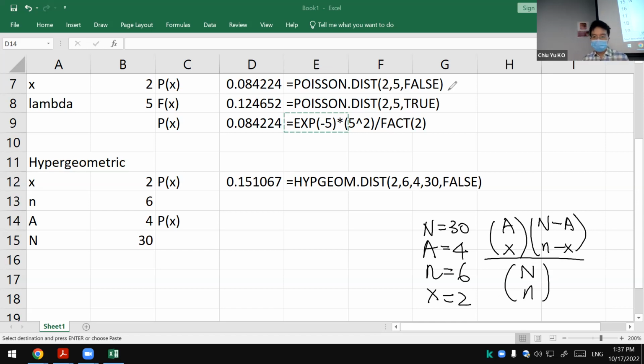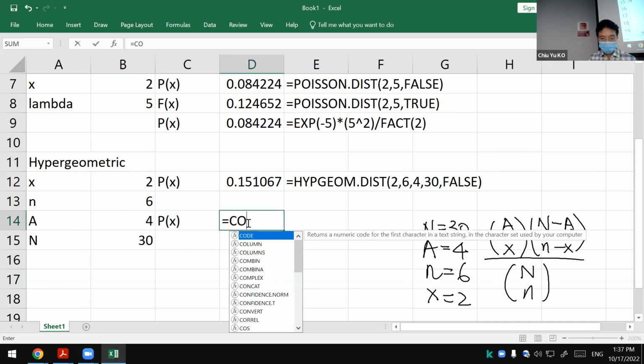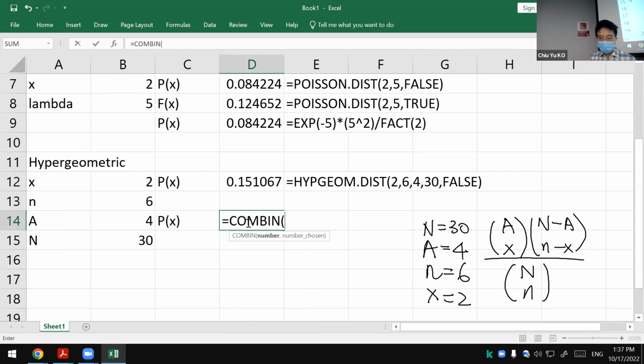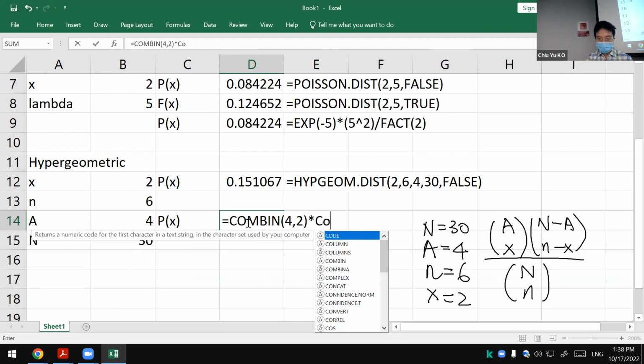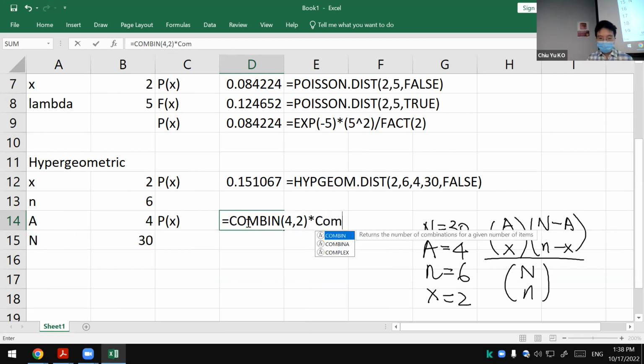That means we have 3 items together. The first one is combination of A choose X, which is out of 4 good items, you only draw 2 of them. The next one is N minus A, which is 26 bad items.